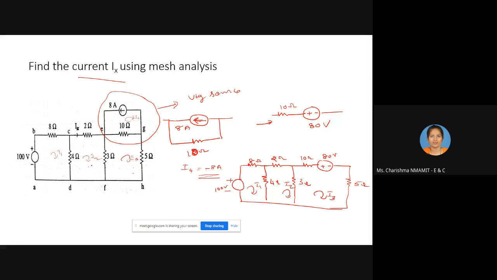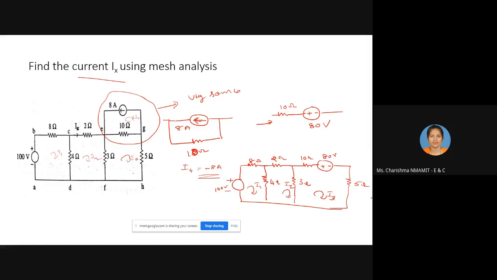You can keep it as it is, but then you need to assume one more current, I4. Since the assumed direction is opposite to the direction of the current flow here, you have to consider I4 as minus 8. Then you write the equations for mesh 1, 2, 3 and simplify. Or else you convert the practical current source into a practical voltage source, so that you will get three meshes.